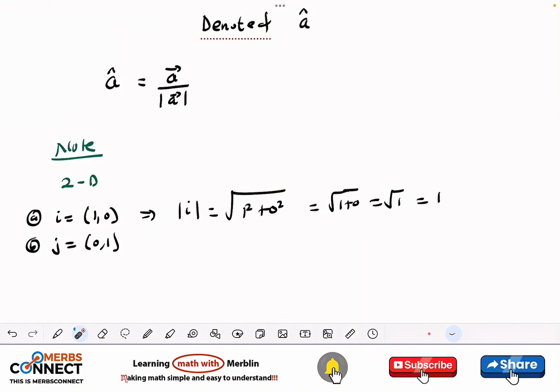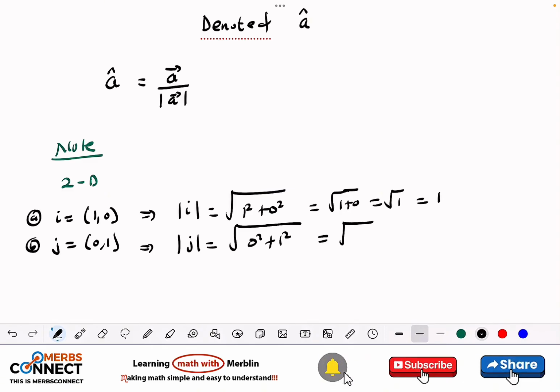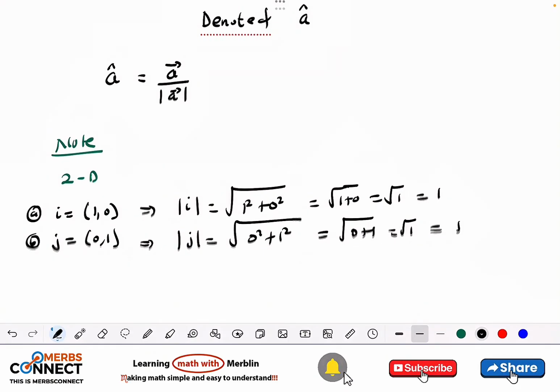Anytime you want to check if something is a unit vector, all you need to do is find the magnitude and check it out. Same thing for this one. The magnitude of J is equal to 0 squared plus 1 squared, which is equal to 0 plus 1, and we have 1. So that one too is a unit vector.